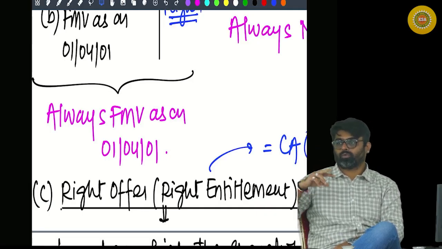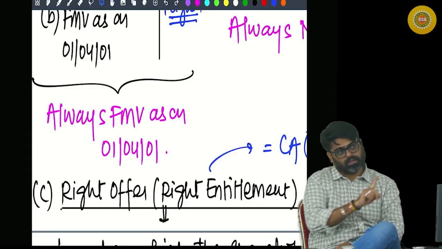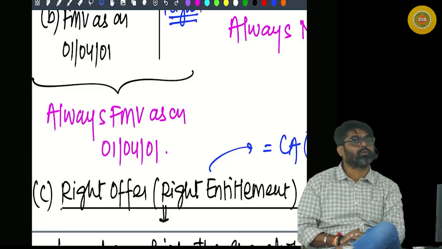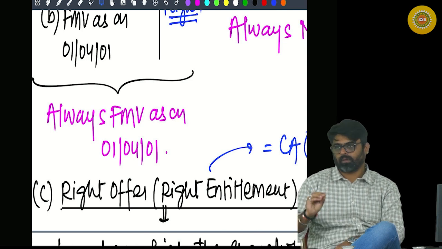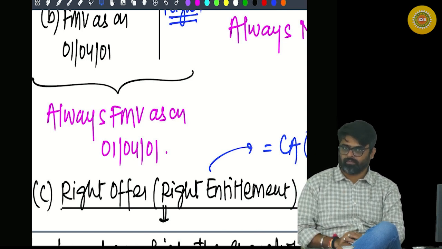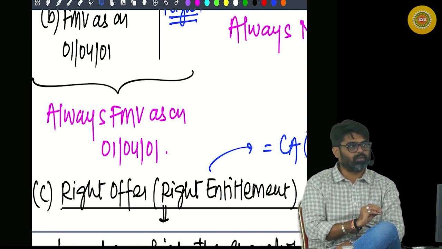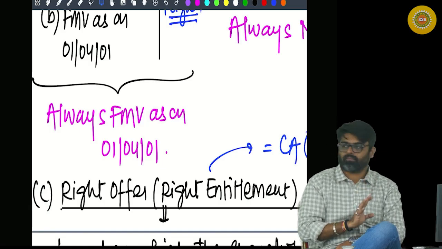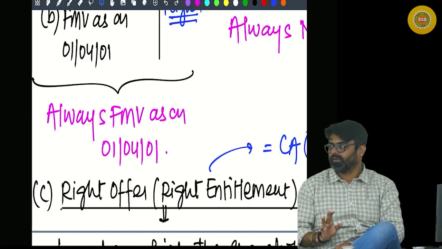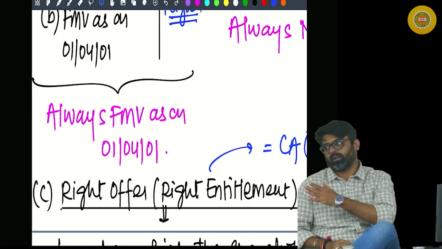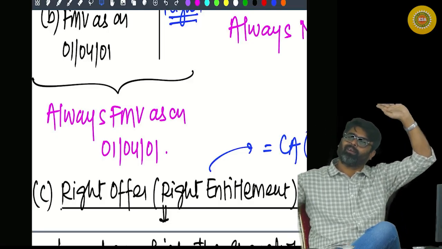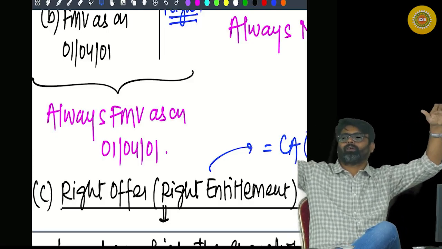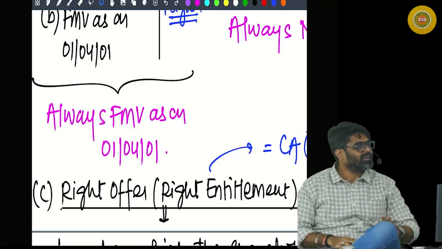So now, two things can happen during this period. For example, the company has given you 7 days time. Some company might give you 10 days time. Yes or no? Some company will give you a week's time or 15 days time. The time will not be 10 years, where within the next 10 years, whenever you want, you can exercise this.